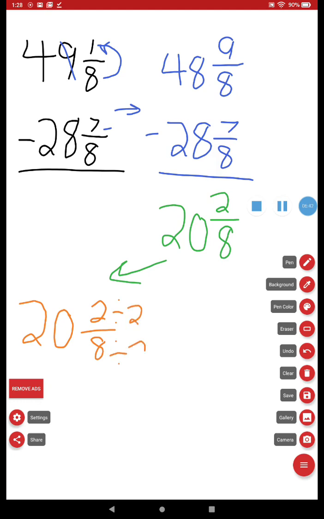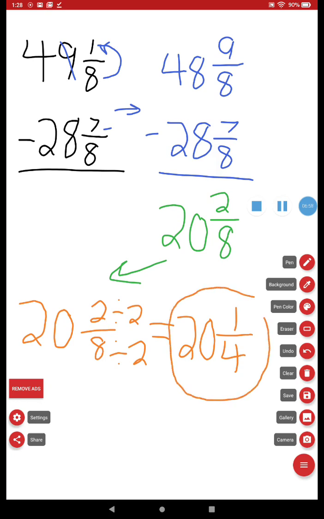Divide that by 2. 2 divided by 2 is 1. 8 divided by 2 is 4. 20 stays the same. That's my whole number. That's not going to change now. So 20 and 2/8 gets simplified to be 20 and 1/4. All right, put that into practice today on toucan fraction number 5.